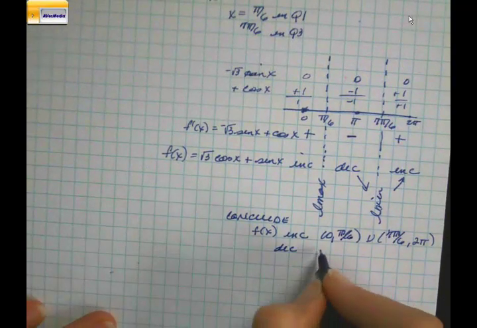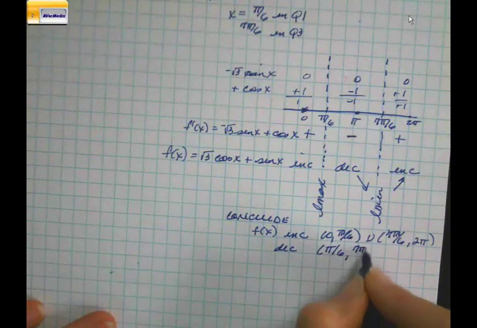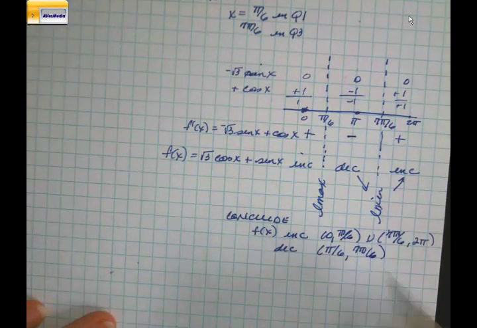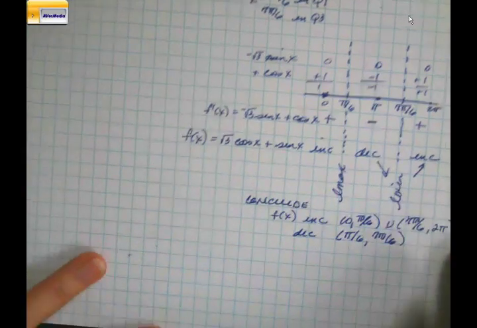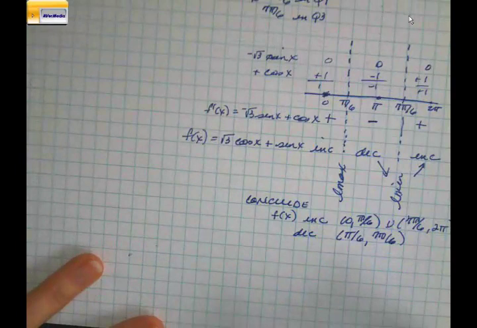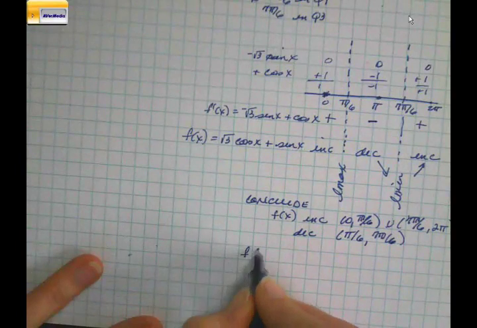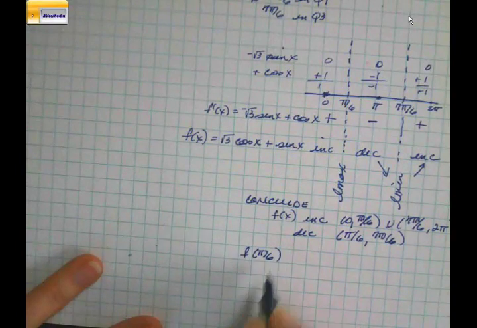We believe it is decreasing between pi/6 and 7 pi/6. We're not certain about these extrema, but we know something's going on at pi/6 and something's going on at 7 pi/6, and we know we better check out those endpoints.